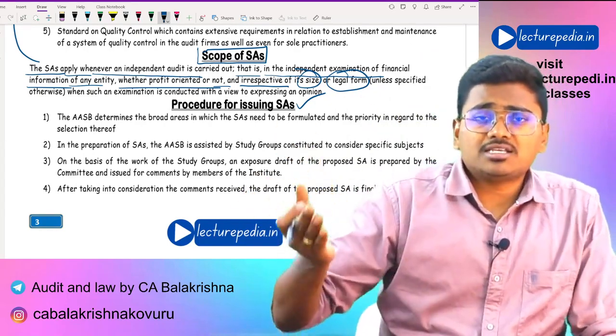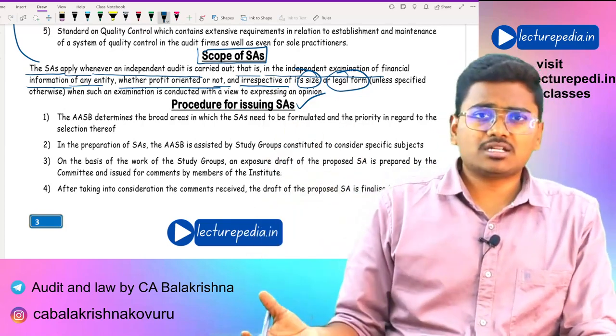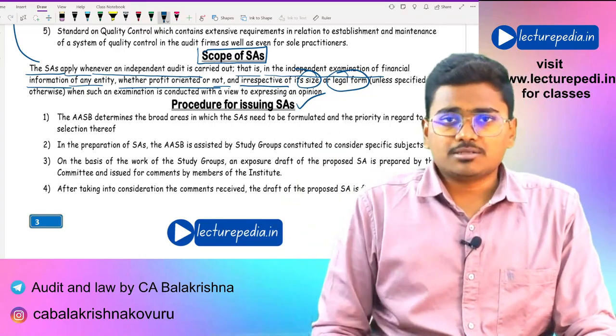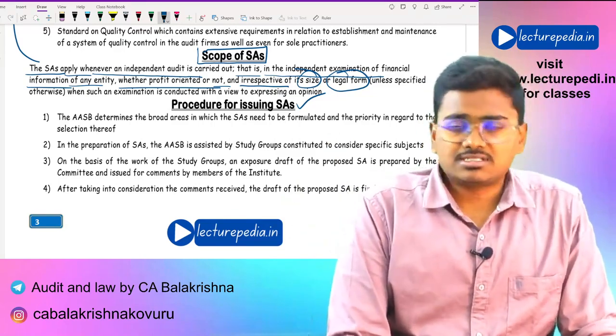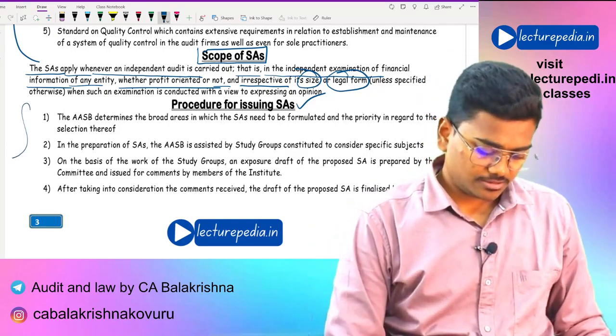The Council of ICAI will review these standards, and if any modifications are required, it will suggest those modifications. Otherwise, it will publish and issue these standards. This procedure you can find it here.